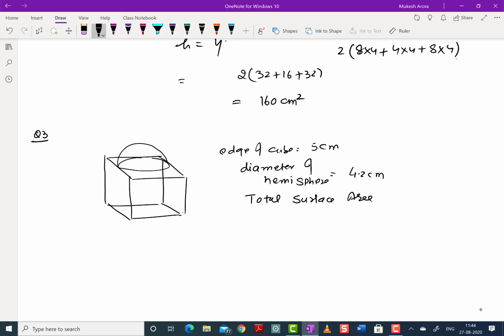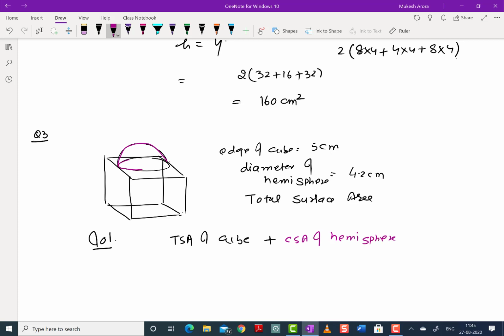Now, as I said, the total surface area of a combination of figures is the total surface area of the cube plus what I can see, that is the curved surface area of the hemisphere.